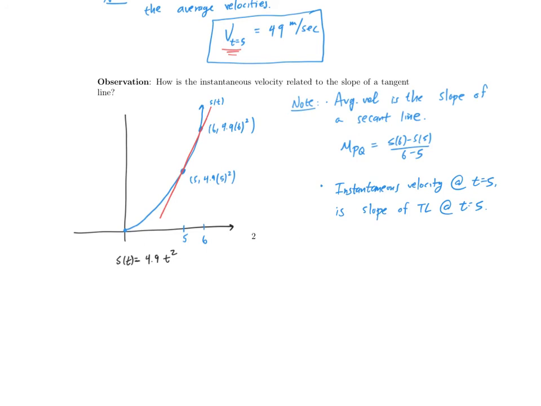So even though these examples were seemingly unrelated, note an instantaneous velocity is a slope of a tangent line. So they are very much related, and they both show us this natural way in which a limit arises. And that is where we will pick up in our next section.